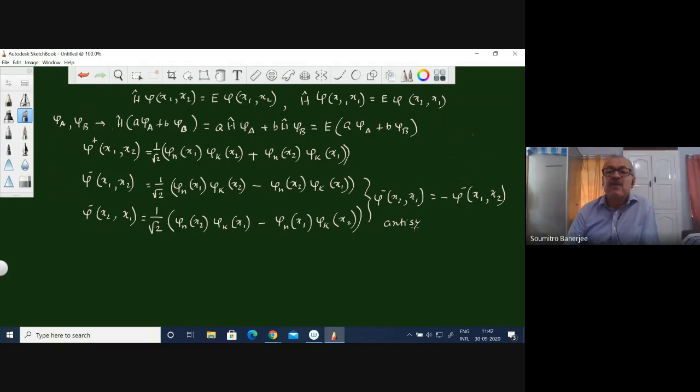This satisfies the condition of being antisymmetric. And in a similar way, you will be able to check just by reversing this. You'll find exactly the same thing. So this is the same as psi plus x2 comma x1. So symmetric.